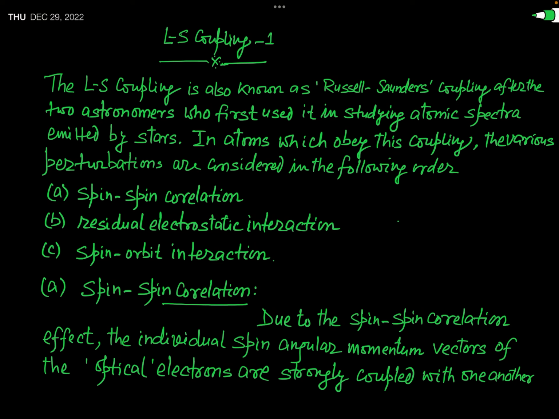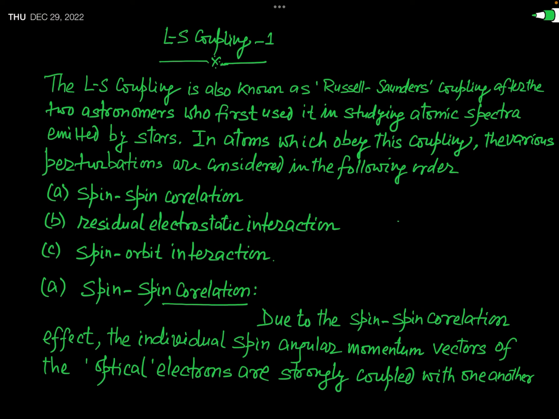It is also important for the university examinations, so these lectures on the LS and JJ coupling will be equally important for students preparing for university examinations and also for the competitive examinations, particularly the NET JRF examination or the civil services examinations of different states, and also the Union Public Service Commission.